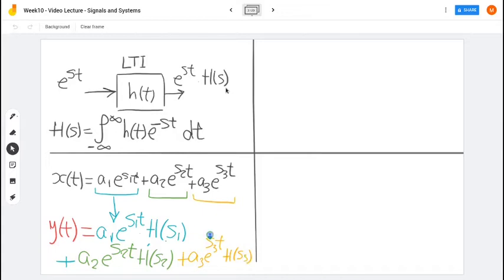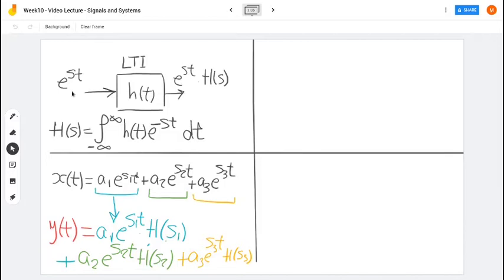So now, as you can see, dealing with LTI systems has become really easy because e^(st) is an eigenfunction of LTI systems. Again, when you apply e^(st) to the input of an LTI system, the output would be the same exact function e^(st), only multiplied by a constant.